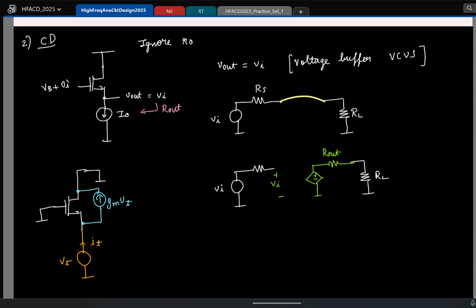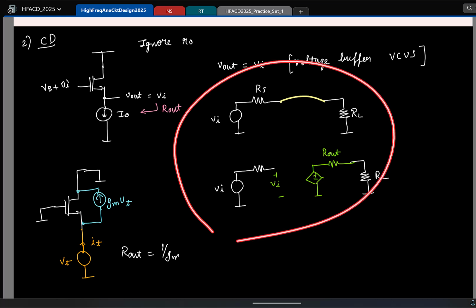So now you see that I have a voltage VT, a current GM times VT is drawn out of that node. So it's as though I have a resistance of how much? So as long as GM is sufficiently large, you have a small output resistance, which is what you want from an ideal, from a good voltage buffer.